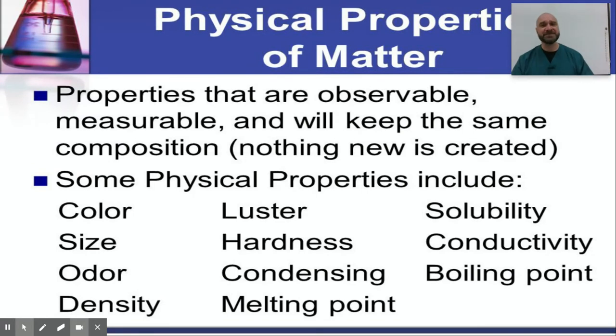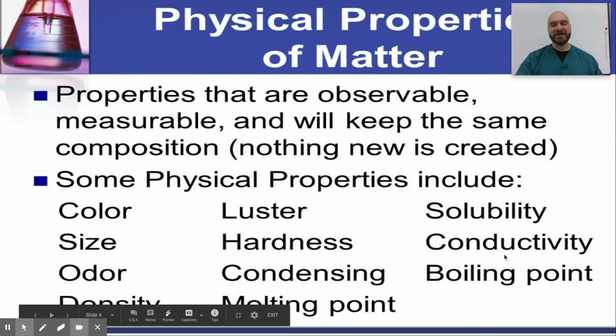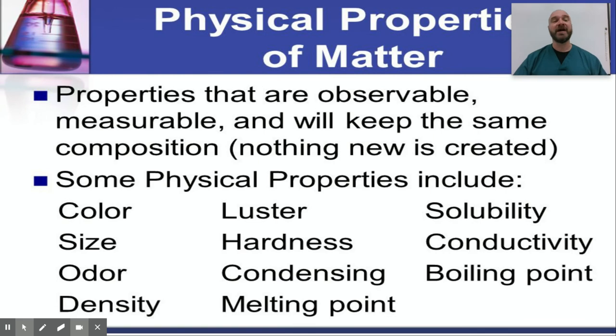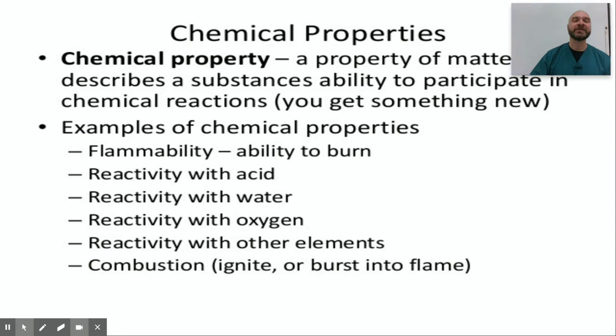Here are some examples of physical properties of matter. I can find out the color of my mask, the size of my mask, the odor of my mask, something called density. Luster is how shiny something is, how hard this is, how easily scratched it is. At what point it might melt, at what point it might boil, although cotton doesn't boil too well. Solubility, conductivity, all of these things are things that I can measure or observe about any substance without changing it into a new and different substance.